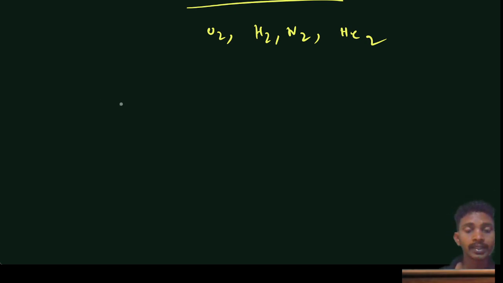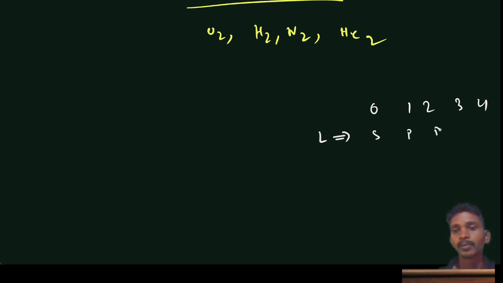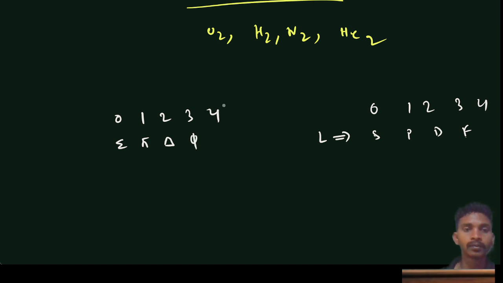For atoms we say S, P, D, F for L values 0, 1, 2, 3, but for diatomic molecules this L value will be represented by sigma and other symbols. These are the L values.